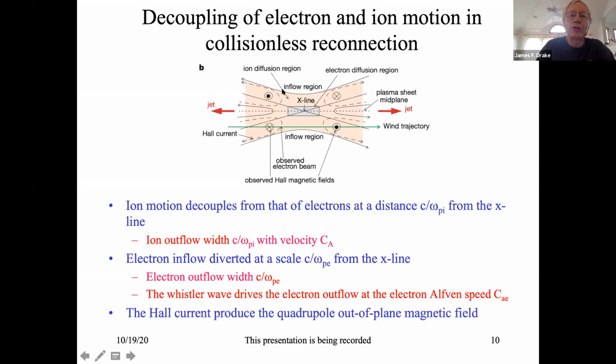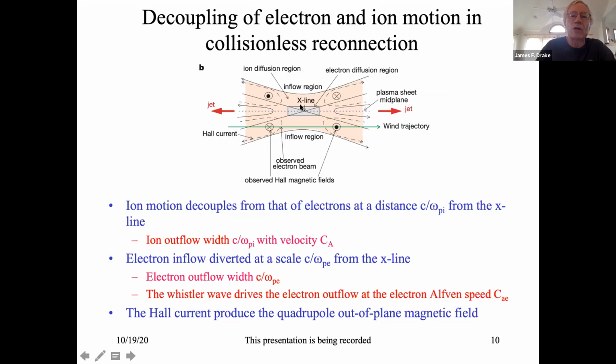And that gives you two distinct scales, one associated with the ions, which is the ion skin depth, and one associated with the electrons, which is the electron skin depth. Those differ by the square root of the mass ratio. Now the ions get ejected out with basically the Alfvén speed, as we discussed previously, on either side. However, the electrons are not controlled by Alfvén wave dynamics because the scale size is too small for Alfvén waves to exist.